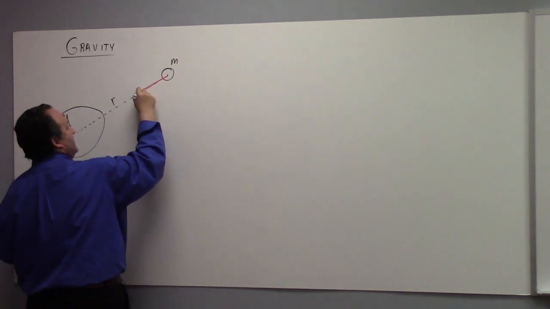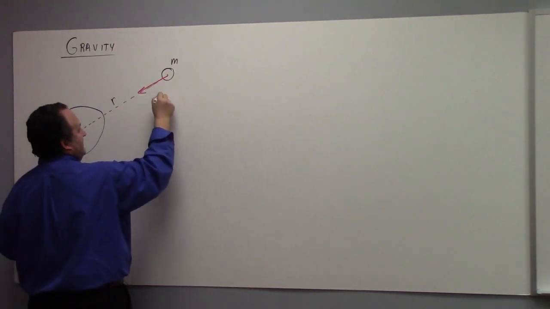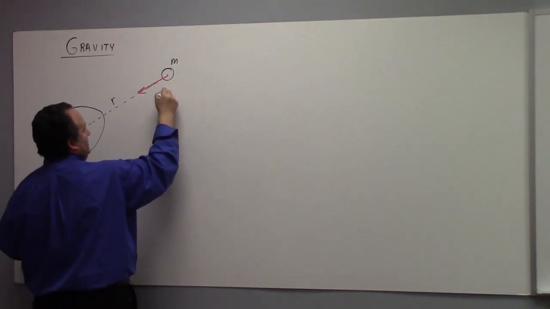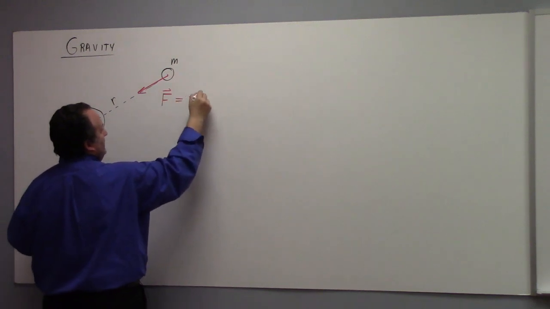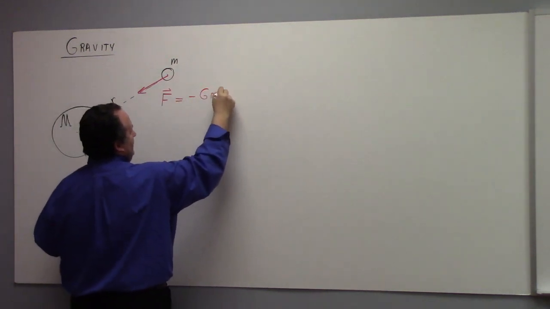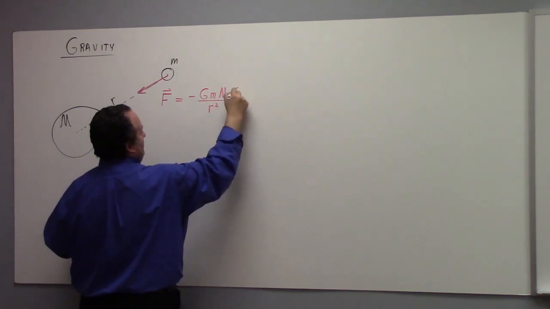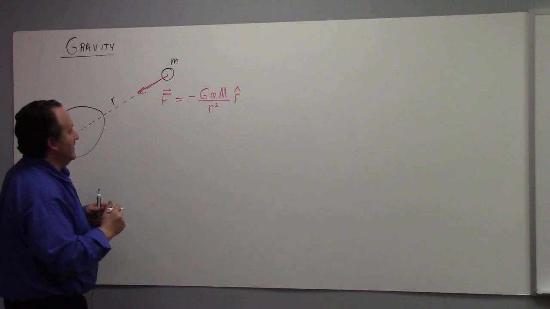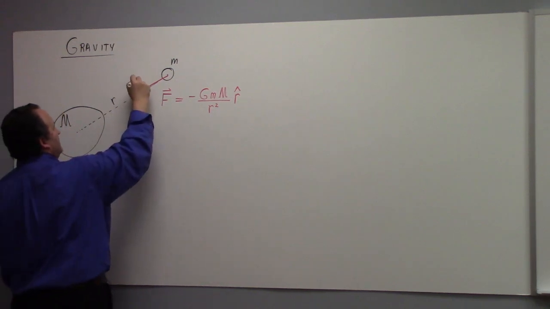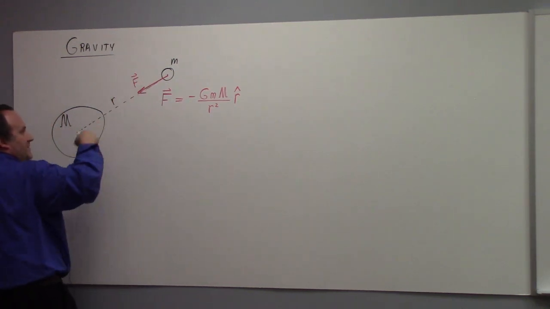But the force of gravity, of course, is attractive, so the force of gravity here is F equals minus G little m times big M divided by r squared times r hat. So r hat is a unit vector in the r direction.